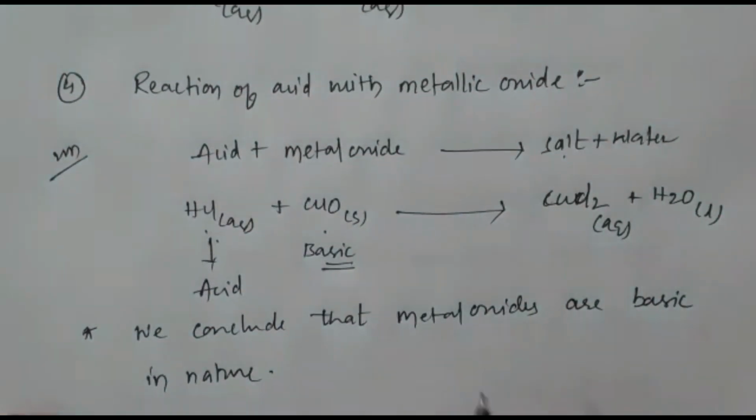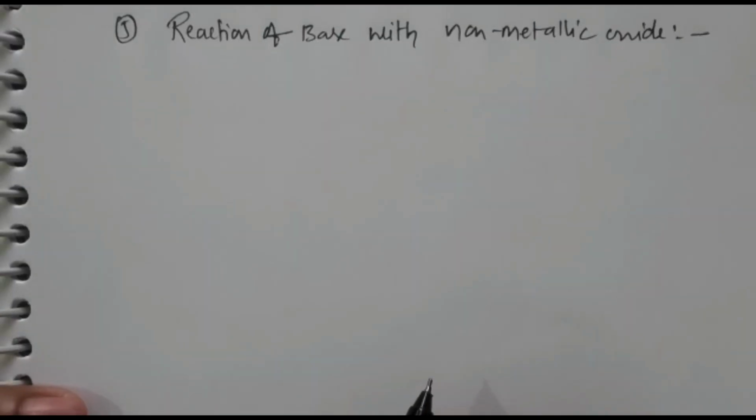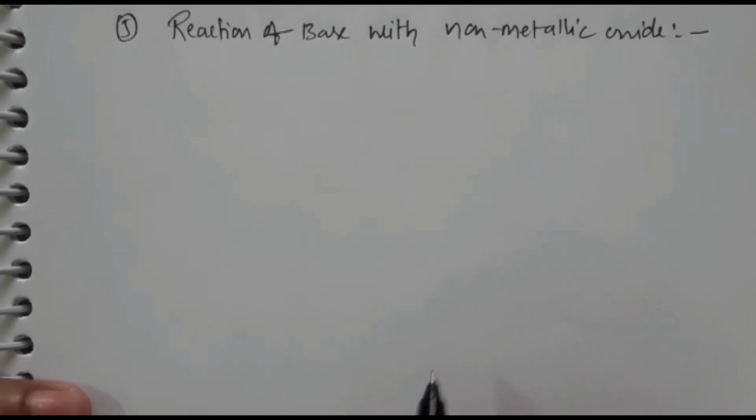Okay, now the next reaction of acid or a base. So this, the fifth reaction, is the reaction of base with non-metallic oxides. We saw the reaction between carbon dioxide and calcium hydroxide in the previous activity, right? Now calcium hydroxide is a base.